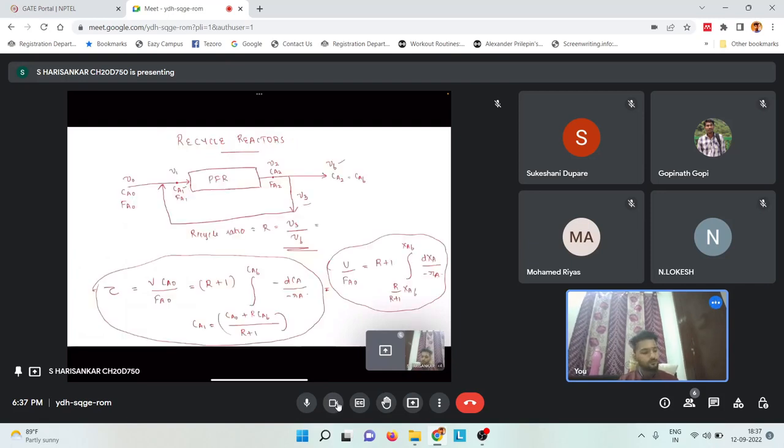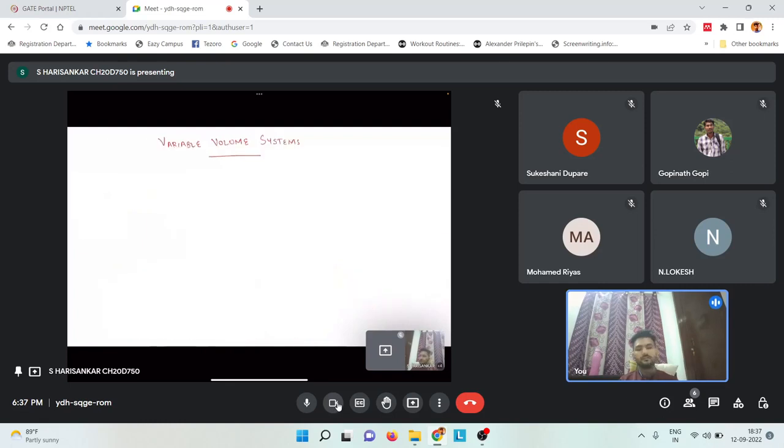So far we did a lot of derivations. We derived a lot of equations for reactors and reactions, and all these things are based on constant volume systems. Basically, if the reaction is liquid phase, we assume that it is a constant volume system.